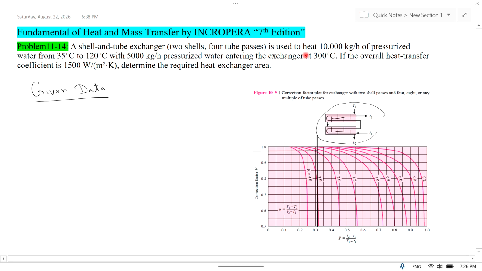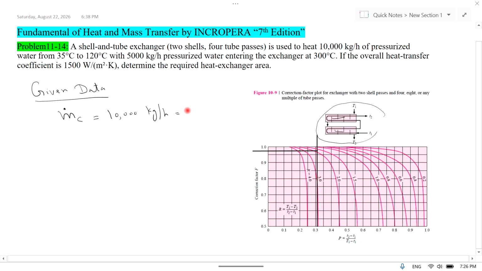So it means that we have to use water whose mass flow rate is 10,000 kg per hour. This is the mass flow rate of cold water because we have to heat this water. So m dot c is equal to 10,000 kilogram per hour.